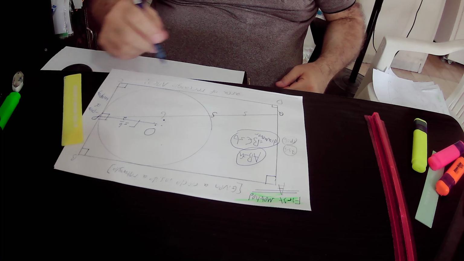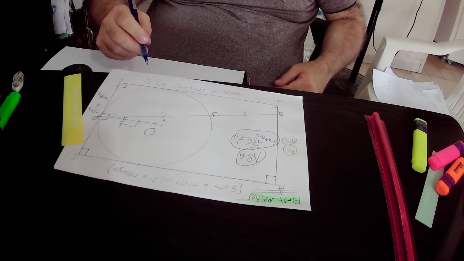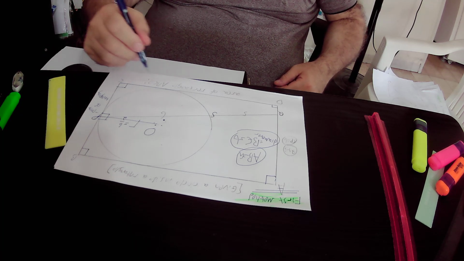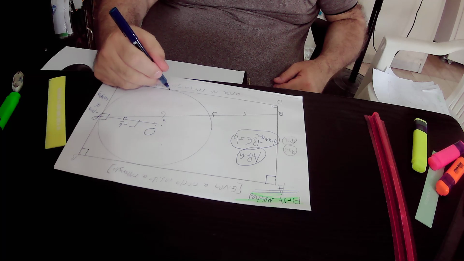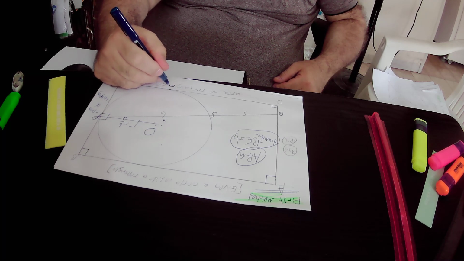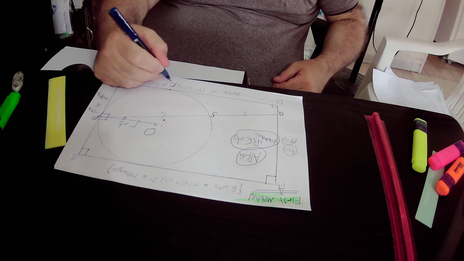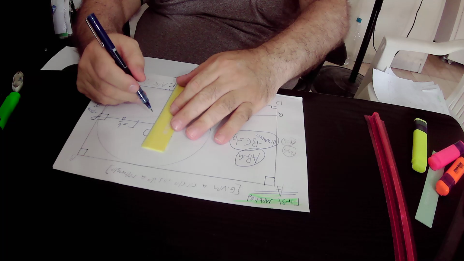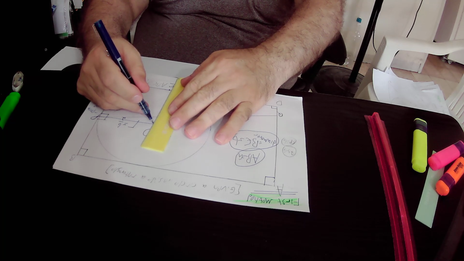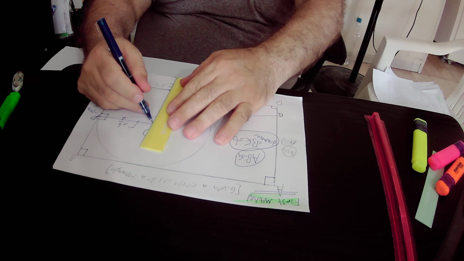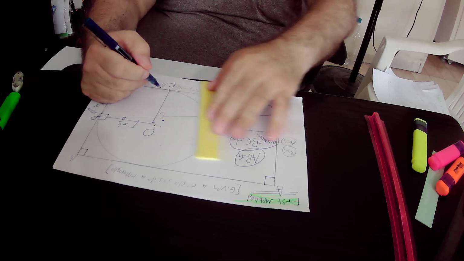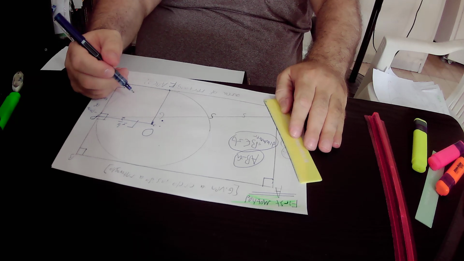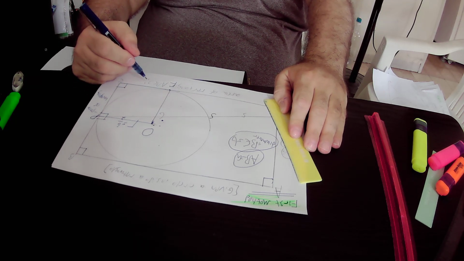We define the point of tangency of tangent DC with this circle as point F. We join points O and F together by a straight line. Point O is the center of the circle, and point F is a point on the circle itself.